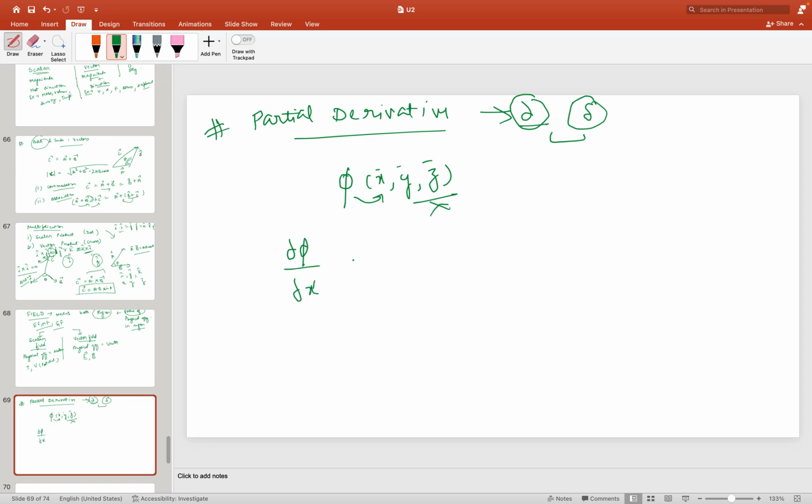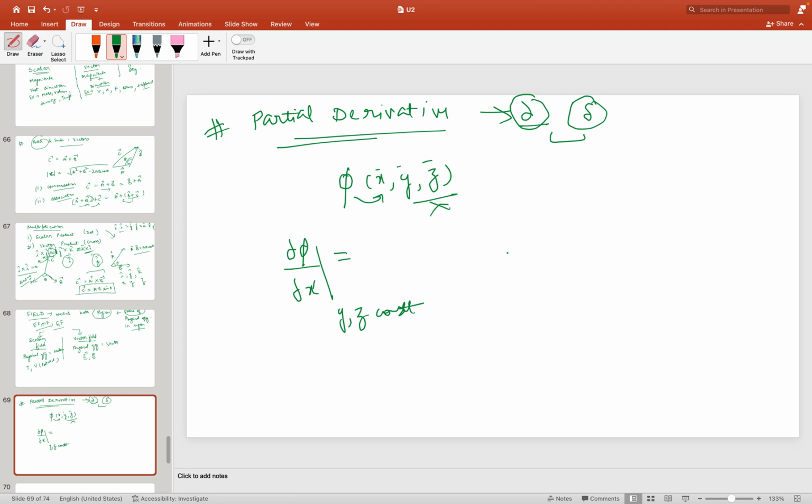So I will take the partial derivative, because phi is not completely differentiated. We are differentiating it partially with respect to x, considering y and z as constant. So partial differentiation comes into role when there are more independent variables, but we are differentiating with respect to only one variable.